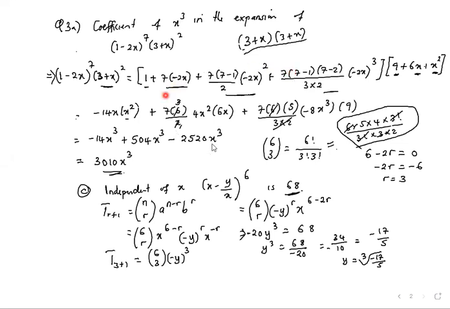So I'm asked to go back to question 3. The question said to find the coefficient of x power 3 in that function. So if I'm told to find only the coefficient of x power 3, I'll have to expand this part, expand that part, then combine.